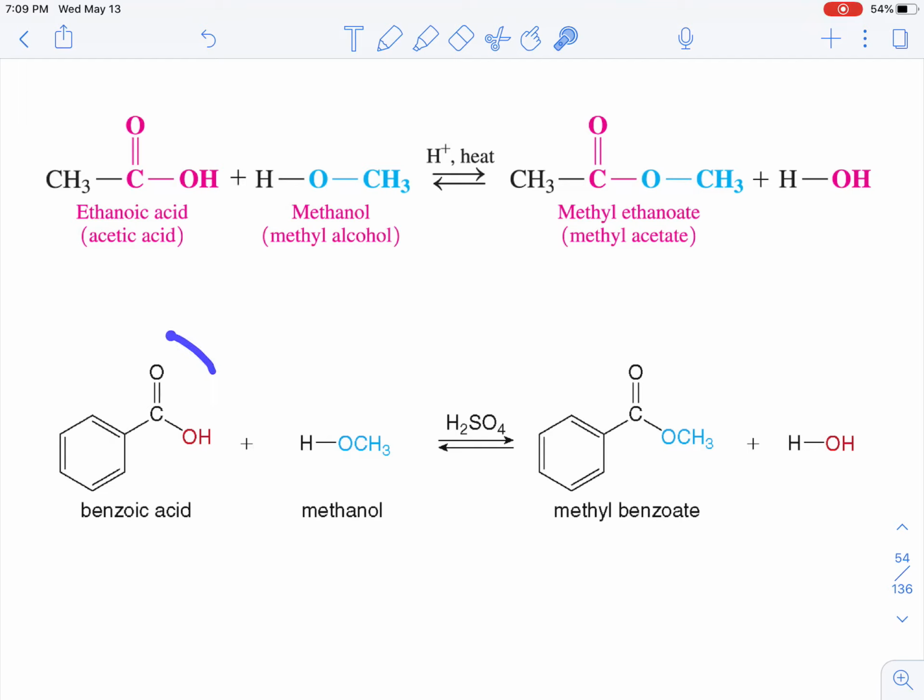Here we have benzoic acid, and it's also reacting once again with methanol in the presence of sulfuric acid or a strong acid in heat. We get methyl benzoate, which is going to be our ester, and we also get water. And so this part right here is going to be the ester functional group.